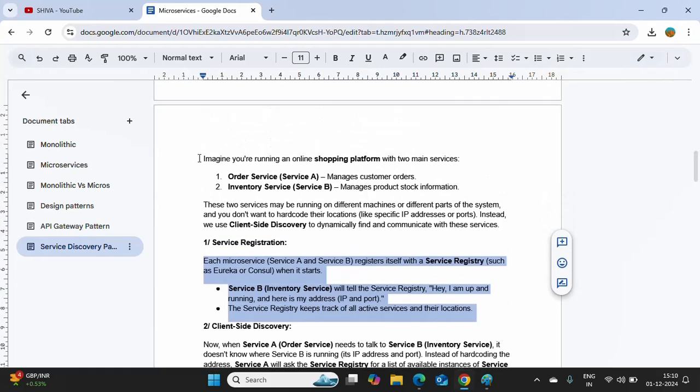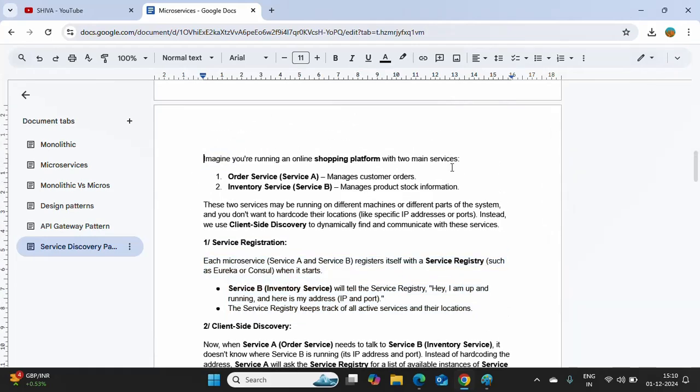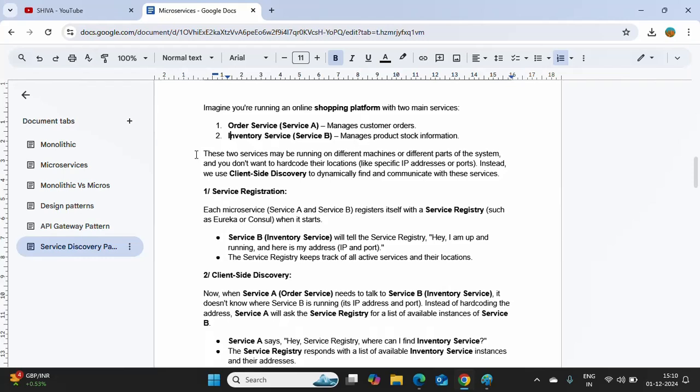Now imagine you are running an online shopping platform with two main services. First is the order service and second is the inventory service. These two services may be running on different machines or different parts of the system, and you don't want to hard code their locations.